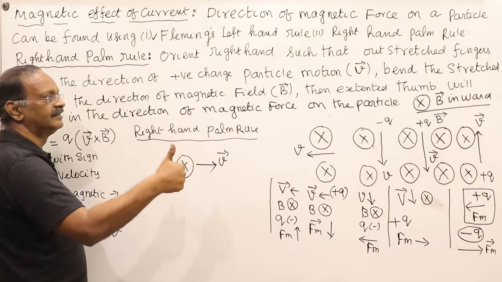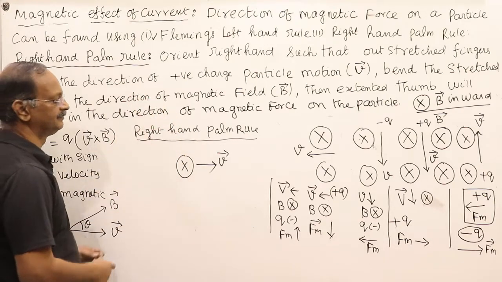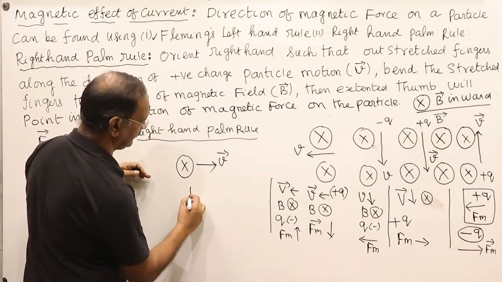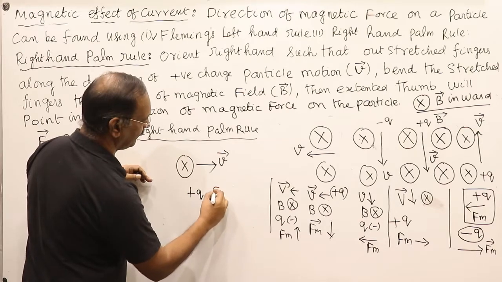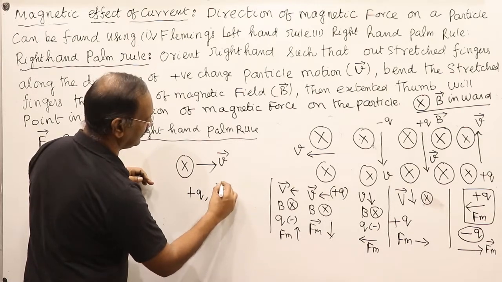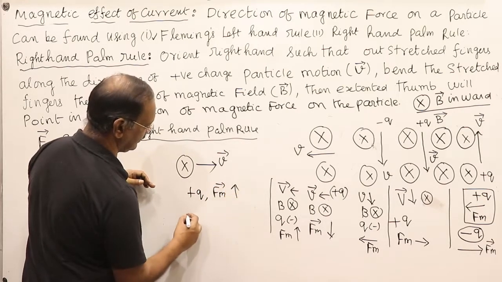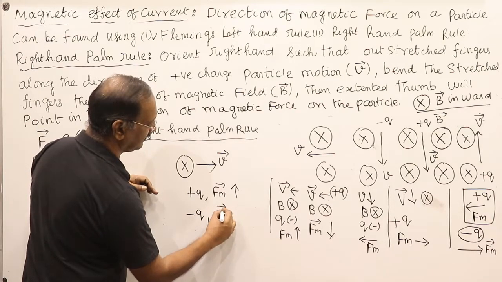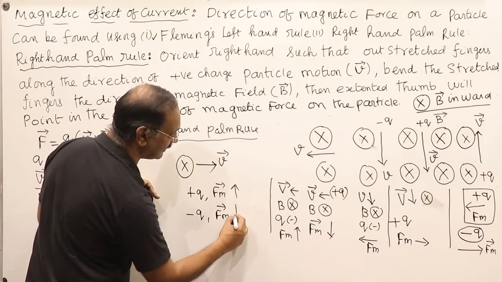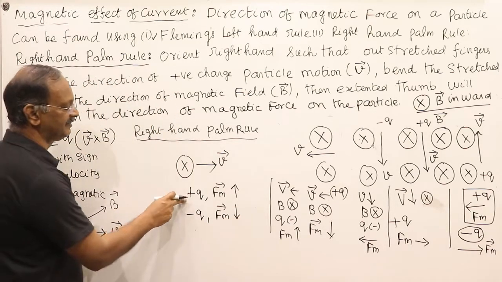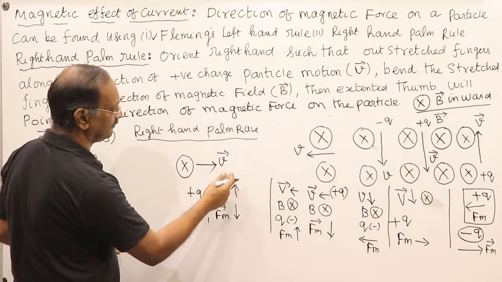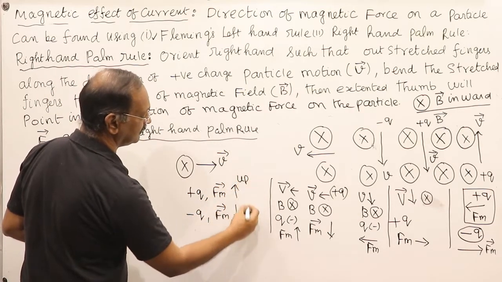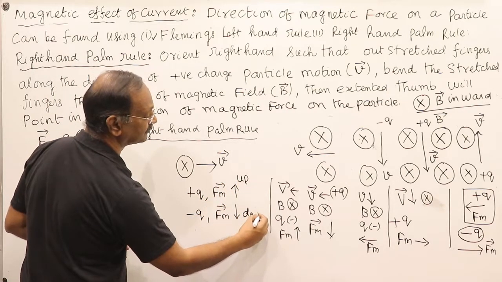It means the force is in the upward direction for positive charge. Let us see for negative charge. What is the direction? It will be exactly downward, because for positive charge upward means this is up, for negative this is down.